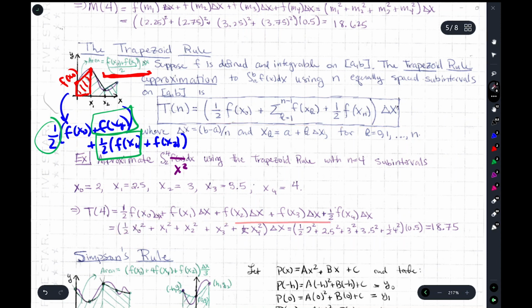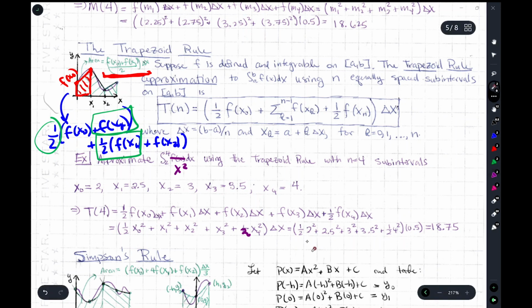We're using 4 different subintervals, and so once you plug in x0 into the function, which is x squared, you'll get 1/2 x0 squared there for the first term, x1 squared, x2 squared, x3 squared for the middle terms, and the last one another 1/2. It's not clear, but that's a 1/2 there.